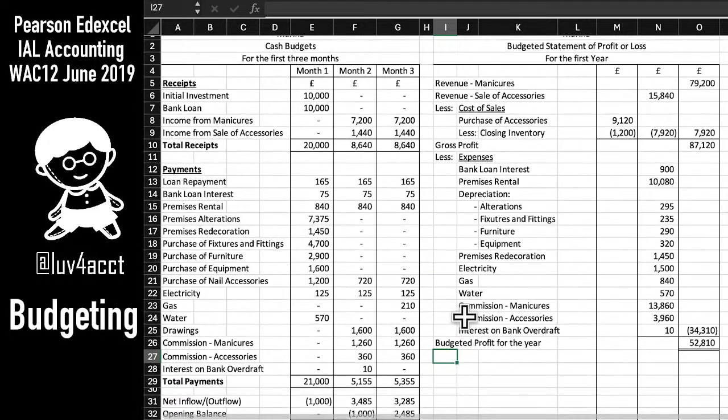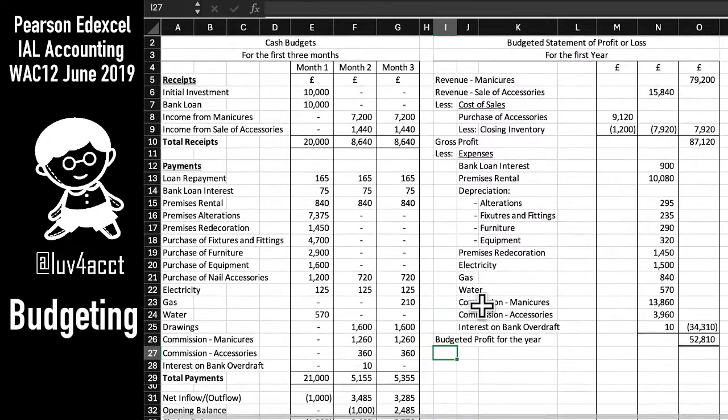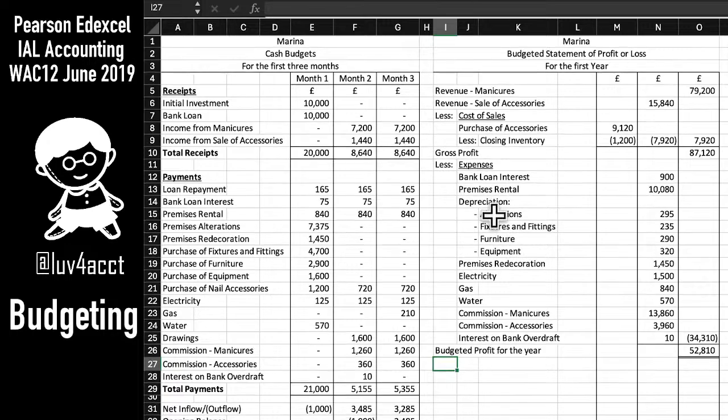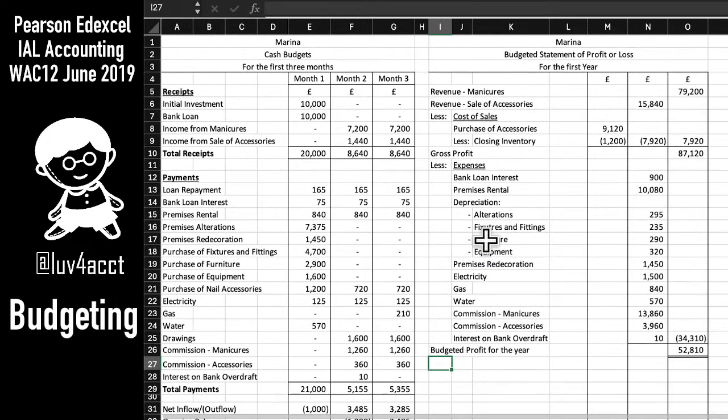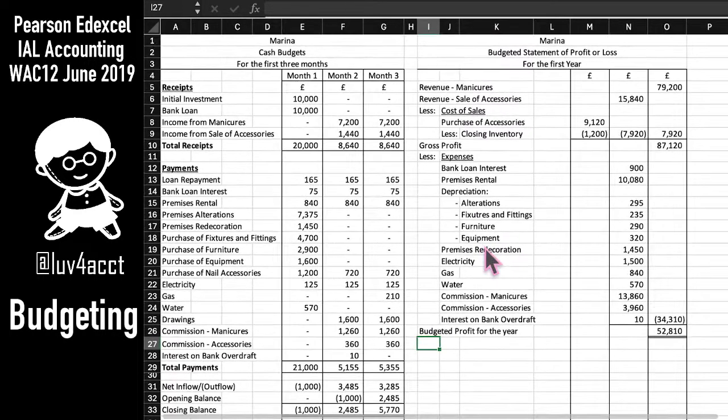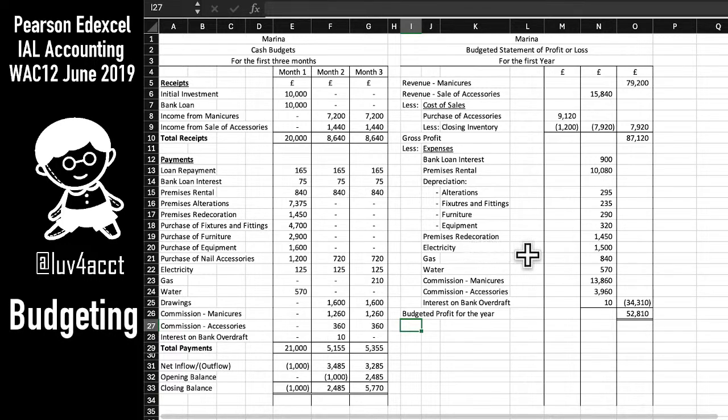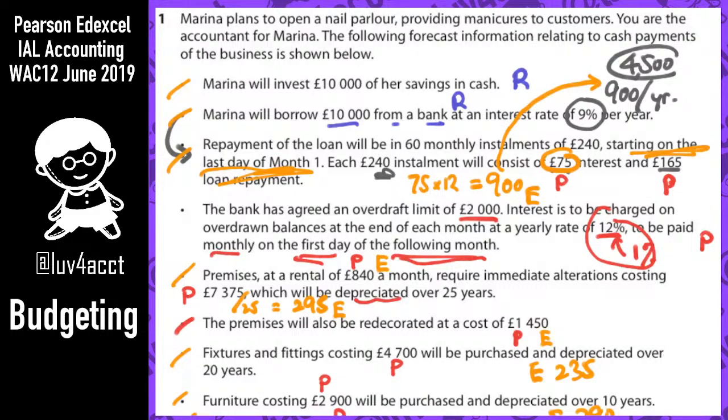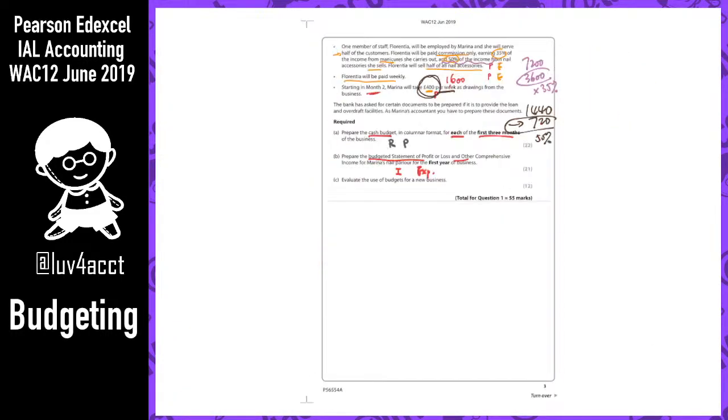So these are the answers for this question. If you want, please take a screen capture of this, because we still have one more part to deal with. That is the evaluation part.